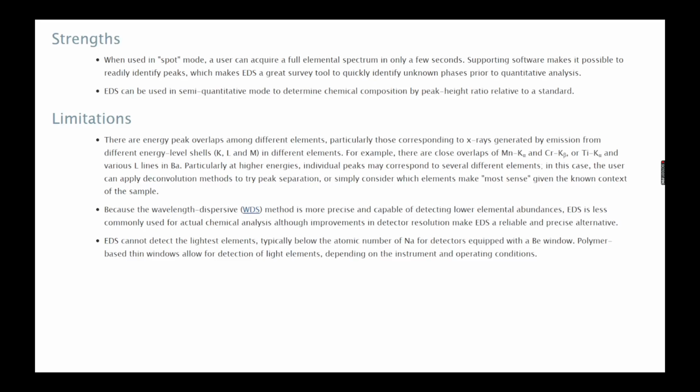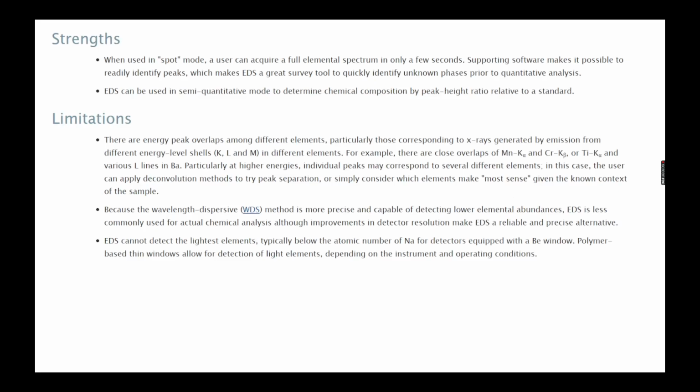So these are some limitations. Also, EDS can be used as a semi-quantitative method to determine chemical composition by peak height ratio relative to a standard. Suppose you have a metallic, multi-phase sample, an alloy of titanium, aluminum, and vanadium, and you have to determine the composition of the titanium, the aluminum, and the vanadium.